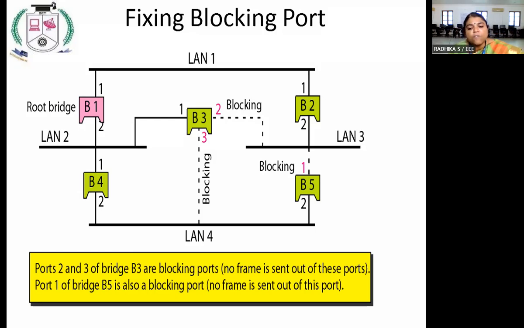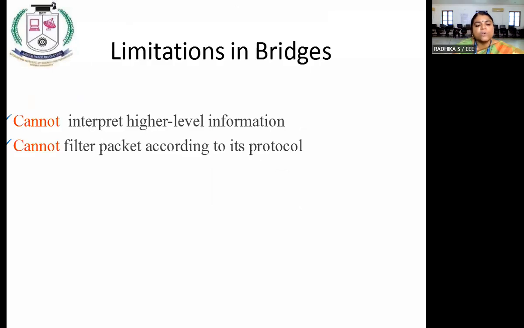It means they will be there, but no frames will be sent out through these ports. In this way, this algorithm is called the spanning tree algorithm. Using this algorithm, the loop problem in bridges can be avoided. Hope it is clear. Do you have any doubt up to now?